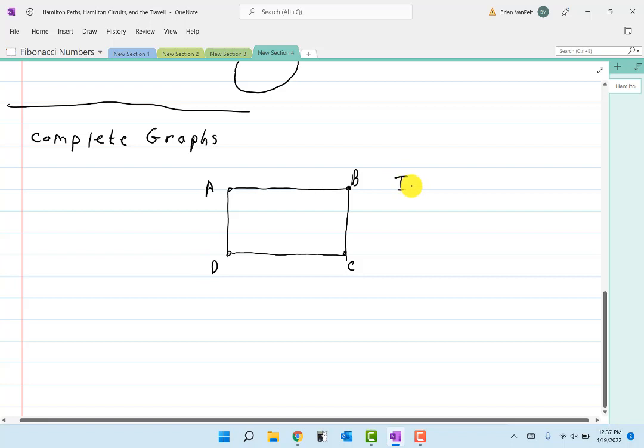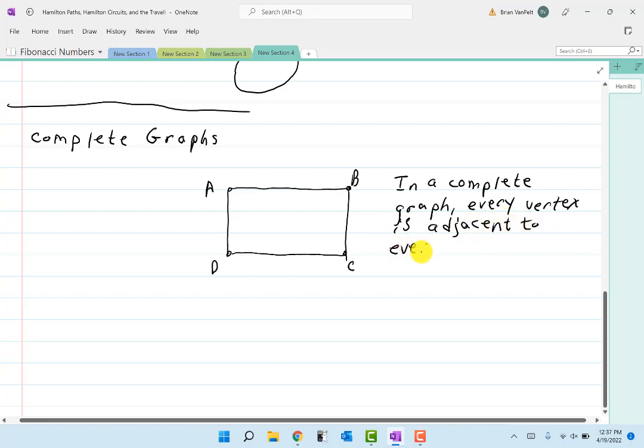Now, in a complete graph, every vertex is adjacent to every other vertex.